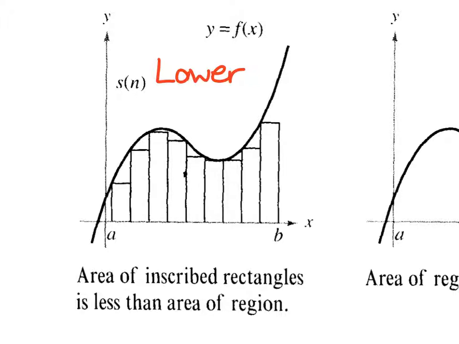Well, not for a lower sum. But notice here, it's hitting it on the left side as the function is increasing. It's hitting it on the right as the function is decreasing. And then over here it starts increasing again and it's hitting it on the left. The whole point of this is, I'm not trying to confuse you here, but I want to make sure that you understand, do not equate lower with left or upper with right.